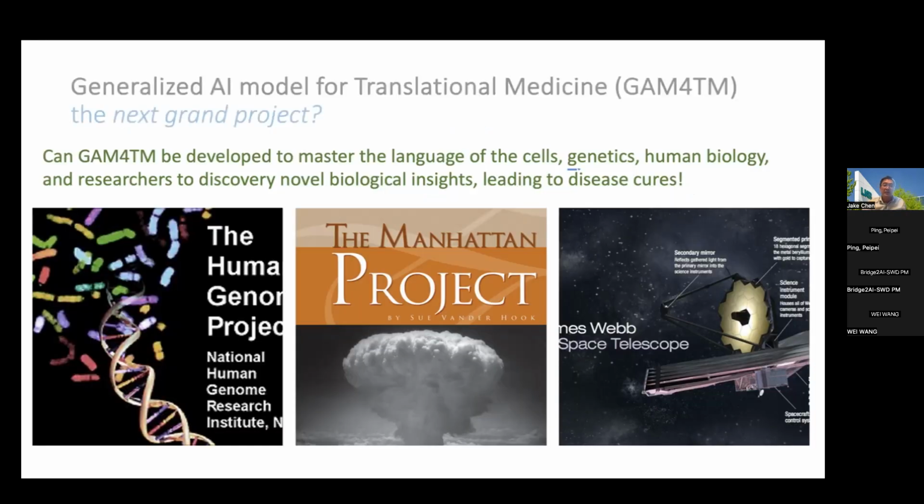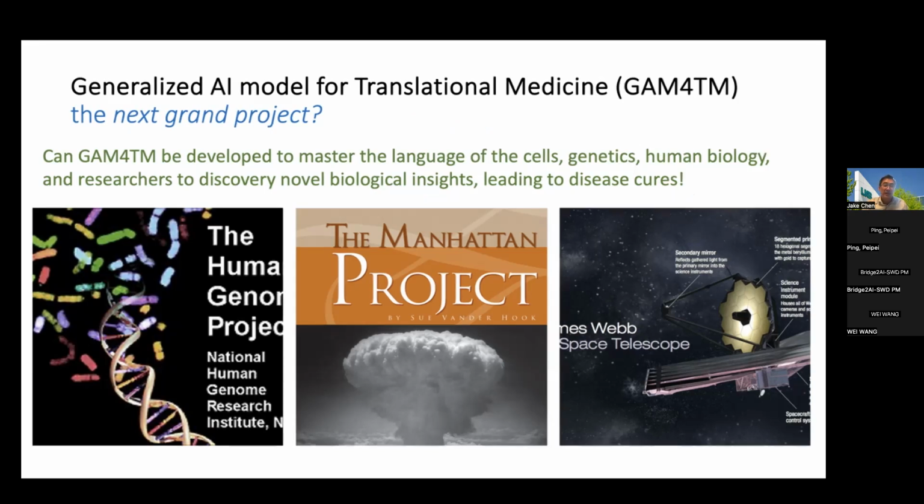But also, in the last part, I would like to make one final pitch that I think it is time that we start to think as a community about a Manhattan Project equivalent, which I call the Generative AI Model for Translational Medicine, GAM4TM.